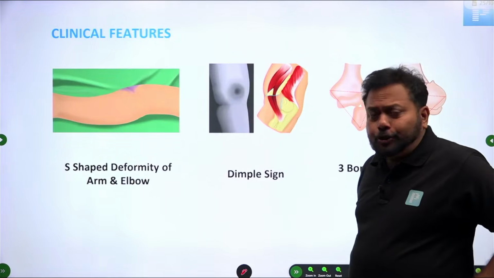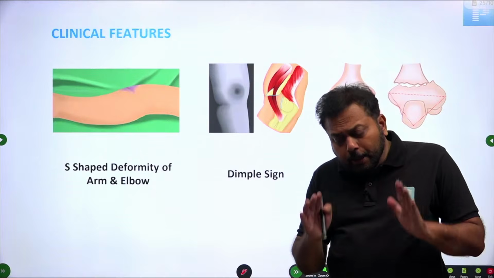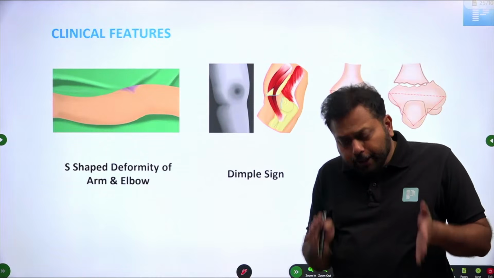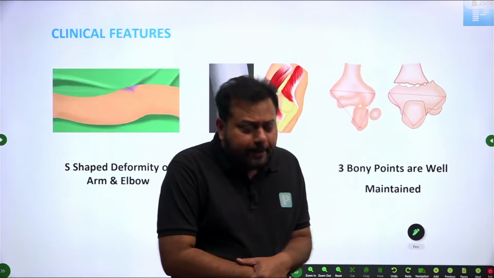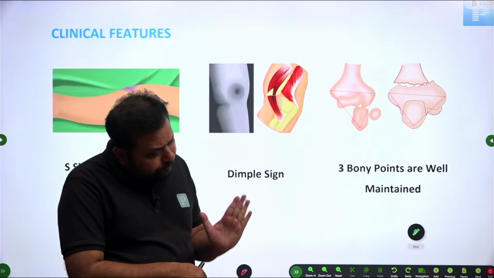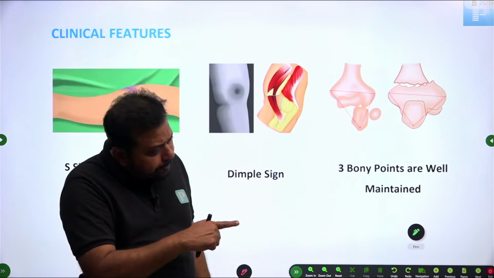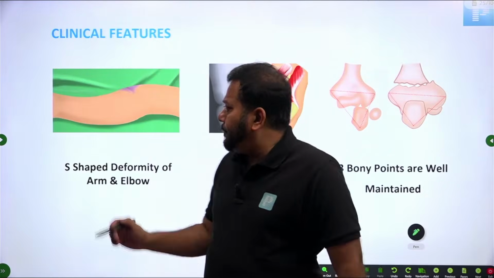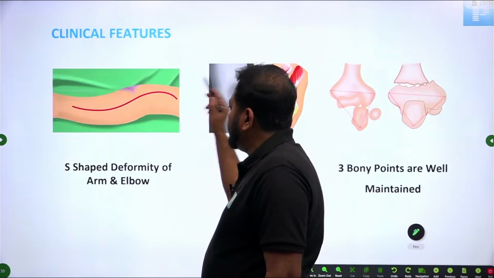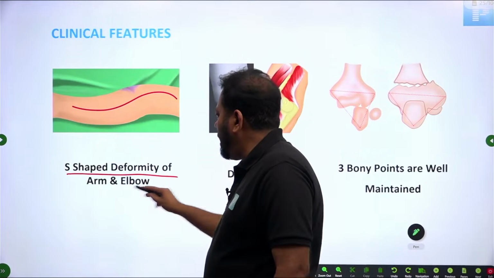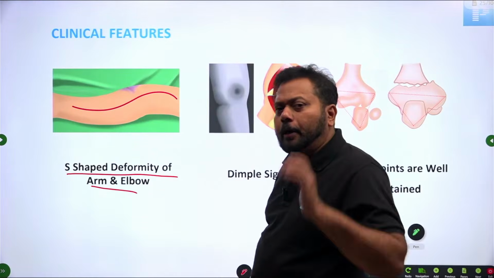Coming to the clinical features, you make the baby sit down on an examination stool. Watch the baby's arm from the side, from the lateral angle. You will see the arm is S-shaped. The diagnosis is supracondylar fracture.